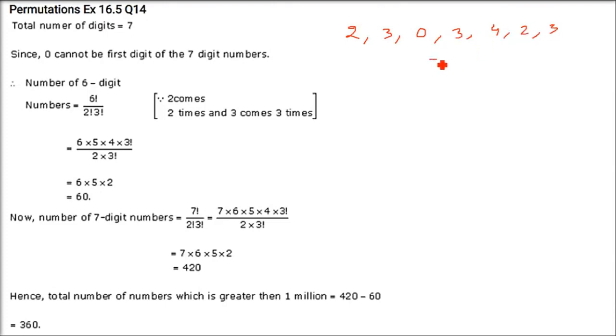There are 7 digits in all. Now we cannot have a 0 at the first position. If we remove 0, 6 are there.